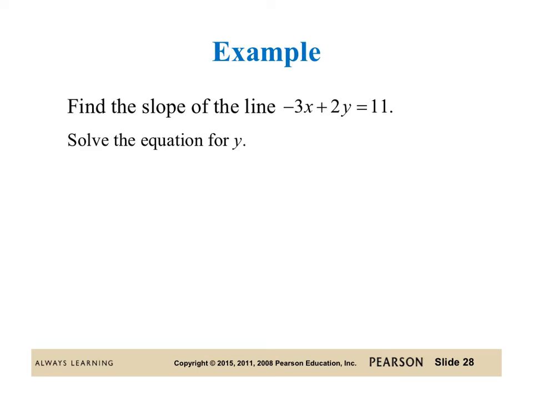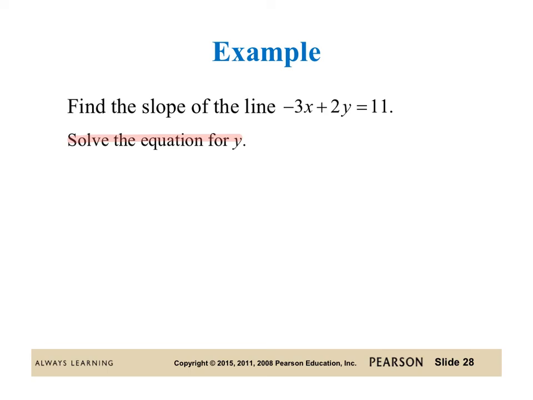So first of all, let's say we need to find the slope of the line -3x plus 2y equals 11. And then we're going to solve the equation for y. One of the ways we can do it is by solving the equation for y.